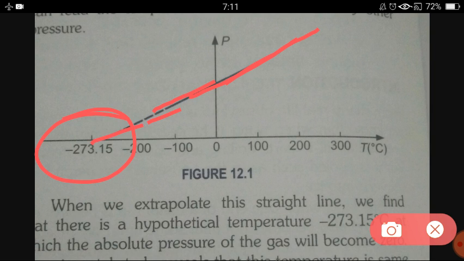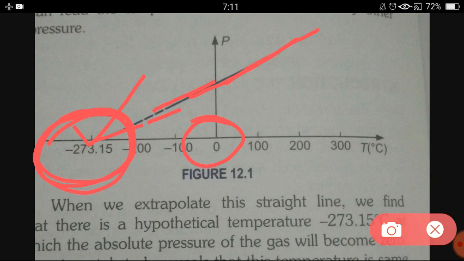So this ray is meeting 0 of the y-axis at a particular temperature, which is minus 273.15. So we have assumed that at this temperature the pressure of the gas becomes 0.